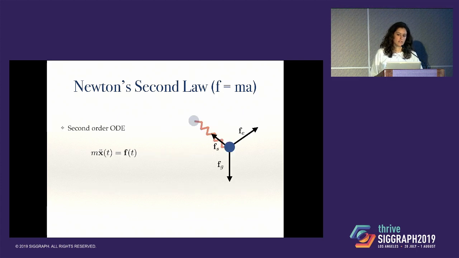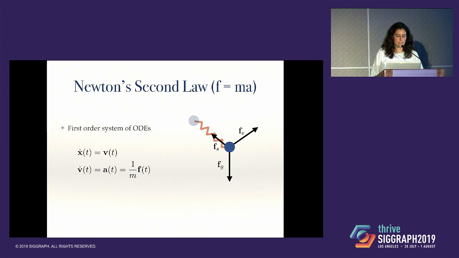In applying Newton's law, the way you approach it is kind of like you would a free body diagram, where you have a picture of all the things in your system, and you have to characterize all the forces acting on something so that you can arrive at the net force acting on something to integrate forward in time. And as Adam already mentioned, Newton's second law is really a second-order ODE.